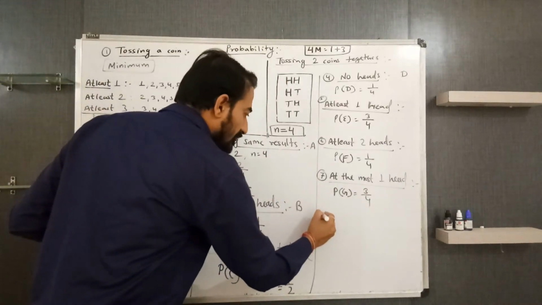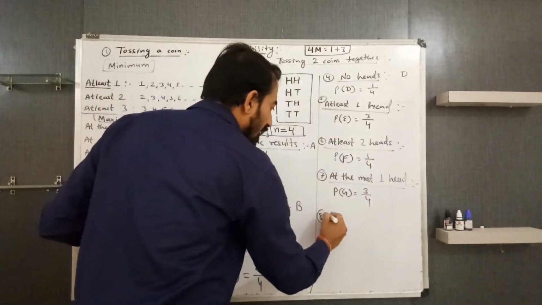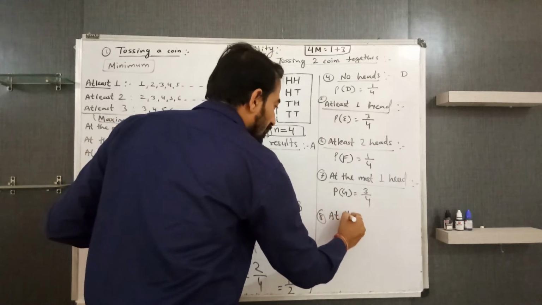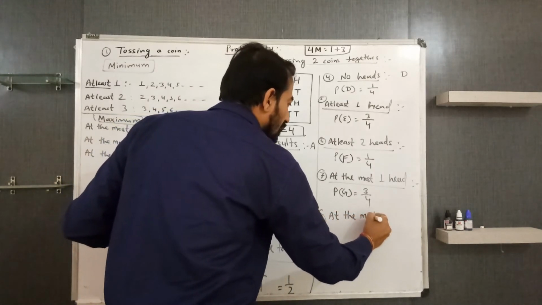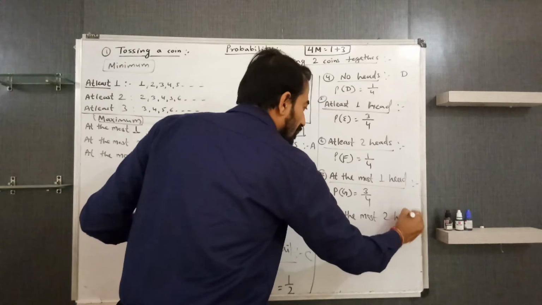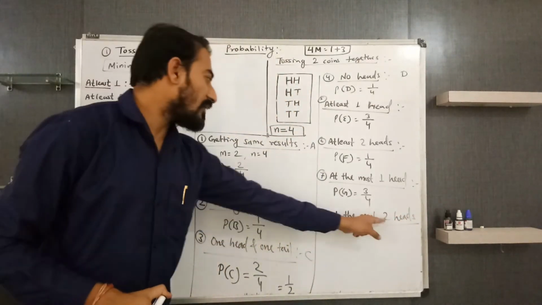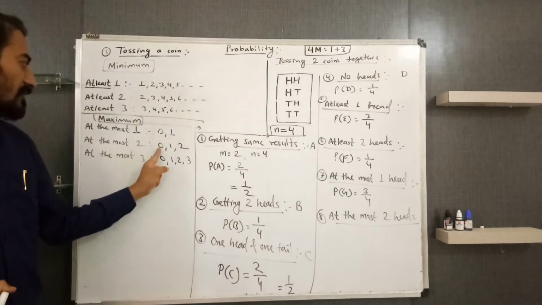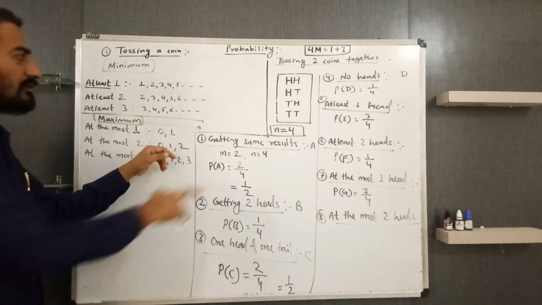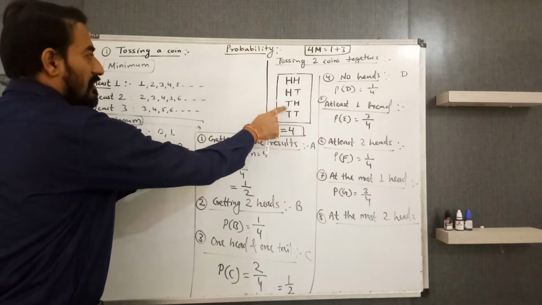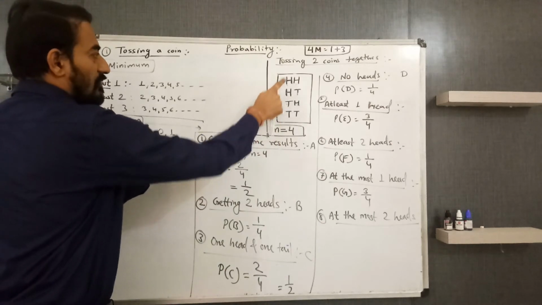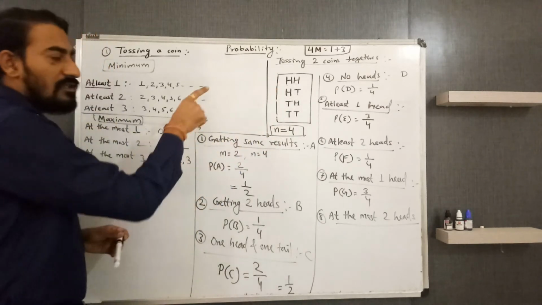Next, at the most 2 heads. Then what will we get? At the most 2 heads. At the most 2 means 0, 1, 2 means no head, 1 head, 2 heads means all these outcomes, means this is a sure event.